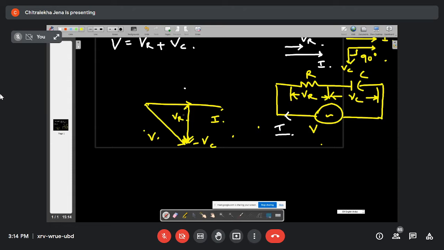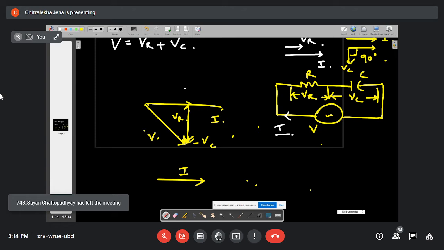Okay. So here how we will represent this vector I, how I will write down in the rectangular form. I will be equal to how much? Just wait 1 second, let me close the board and again I will open it. Just wait 1 second.